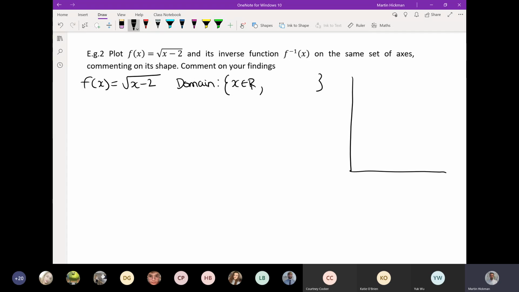Can anyone tell me in the chat what restriction I would need to put on x so that it can be a function? Remember, to be a function, it has to be defined for all elements in the domain.